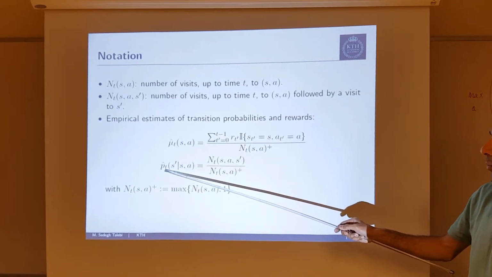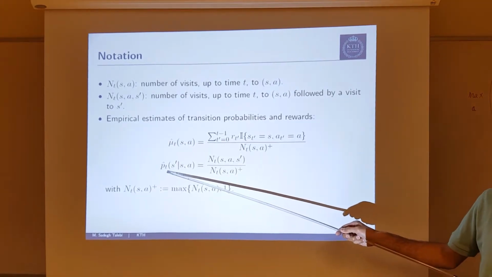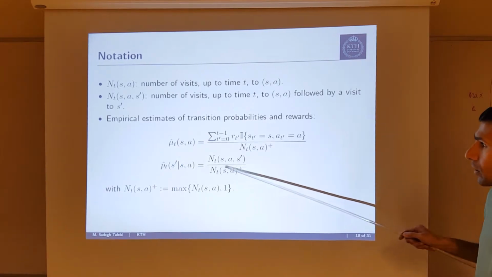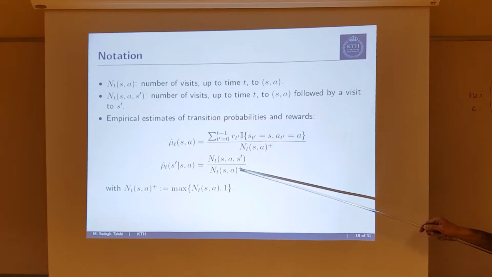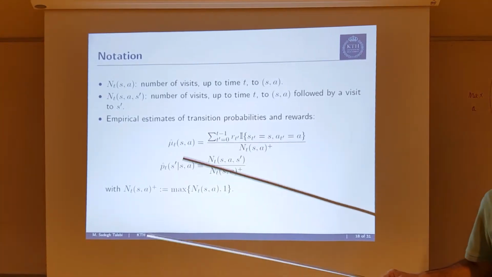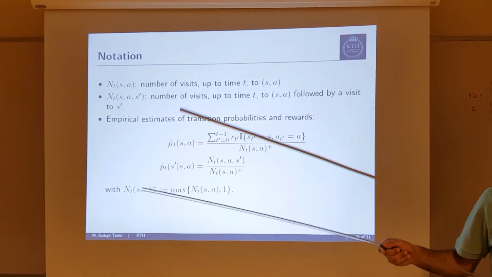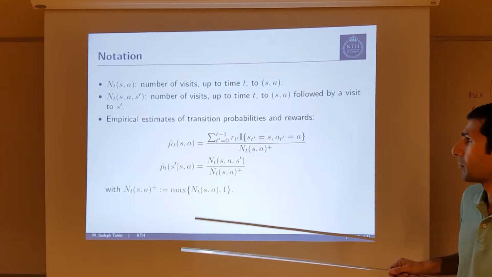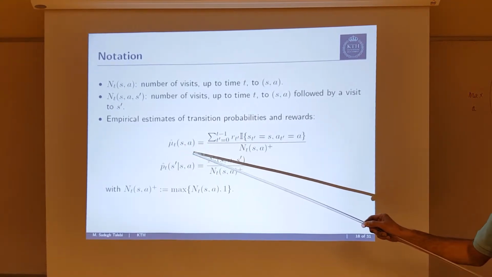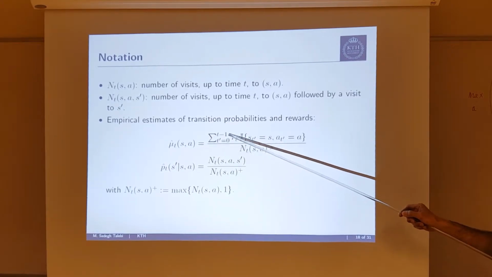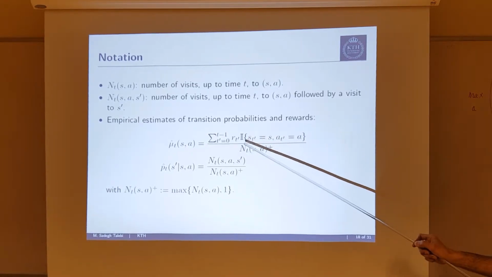The empirical transition probability of s' when you are in (s,a) up to time t, of course time-varying, is computed as this, where the plus here is to make sure that you do not divide by 0. This is just a solution to the maximum likelihood estimation. And this is mu hat_t(s,a), the empirical average reward. This is just the sum of the rewards that you have received when you have been in state-action pair (s,a) divided by the number of visits.